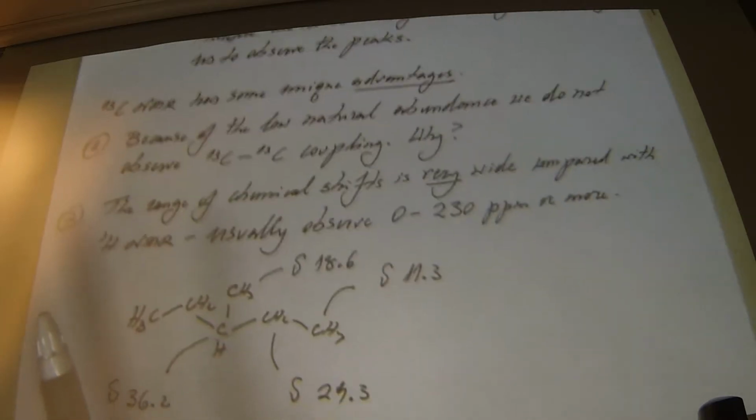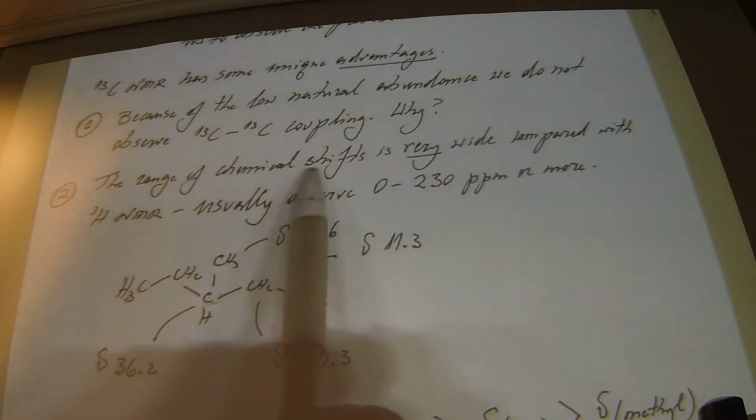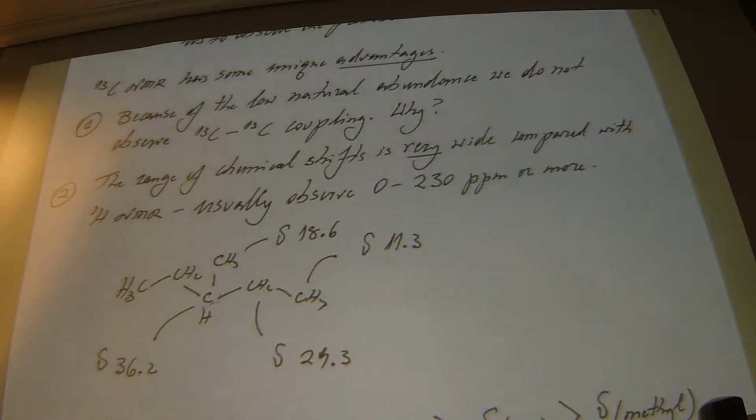The other thing I mentioned is that the range of chemical shifts is very, very wide compared to a proton. So usually you can see each and every carbon atom, even in a complicated molecule. What the C13 spectrum will very often allow you to do is count up carbon atoms. Now you know what the carbon count is, and that's very, very useful.